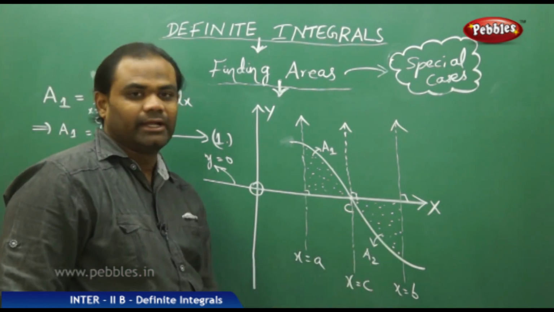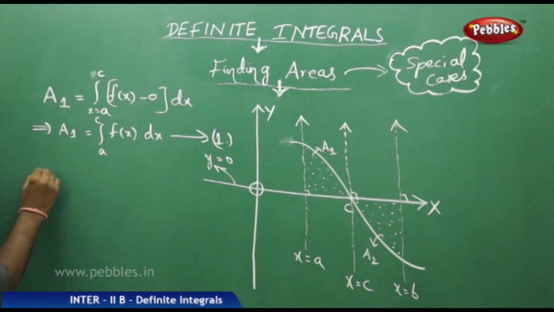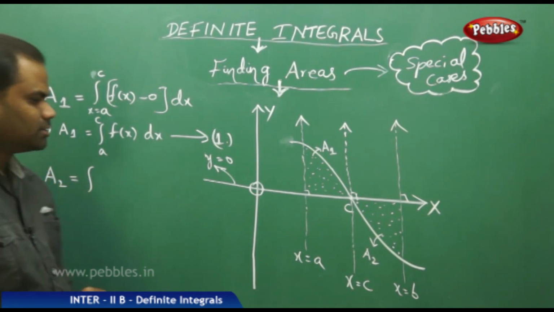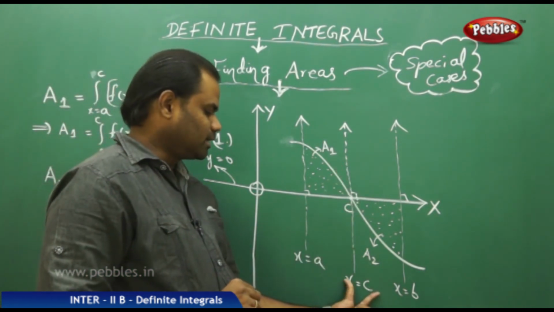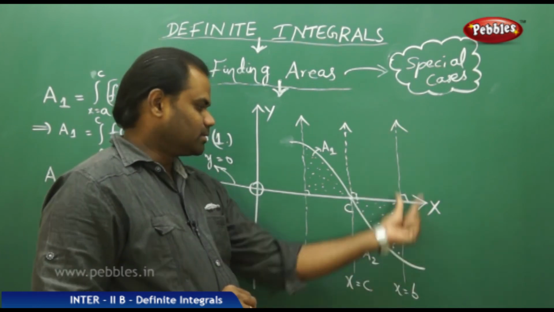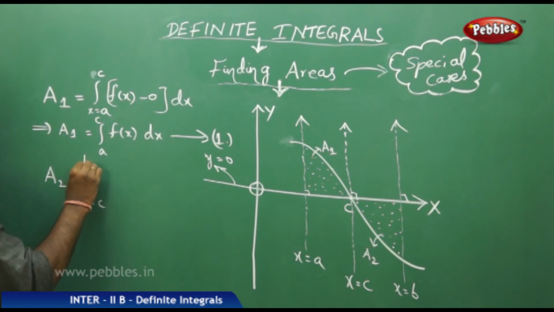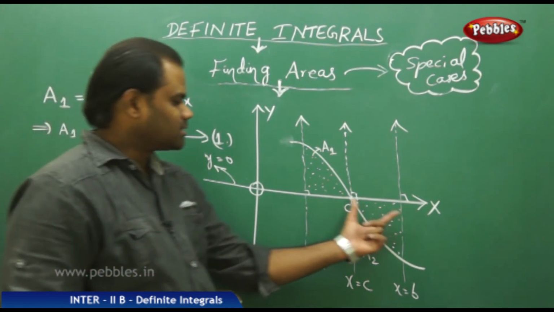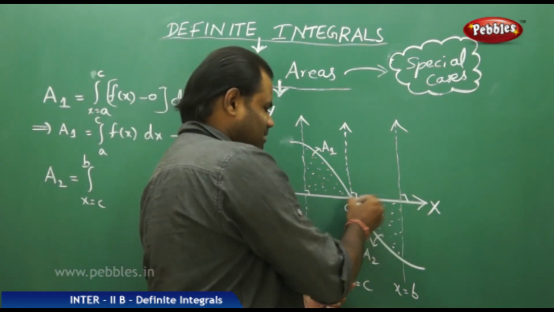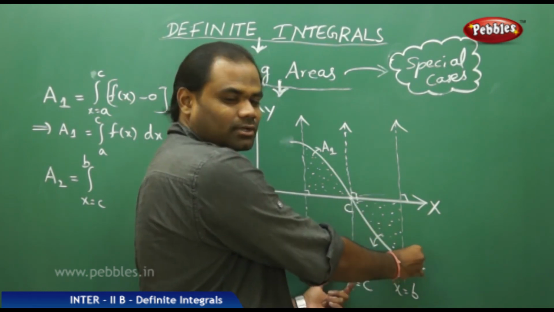Similarly, let's find area A2. Now A2 is nothing but the integral of the lower limit, which is x equal to c, and the upper limit, which is x equal to b. So x equals c to b. Now in this case, the upper curve is the x-axis and the lower curve is y equal to f of x.